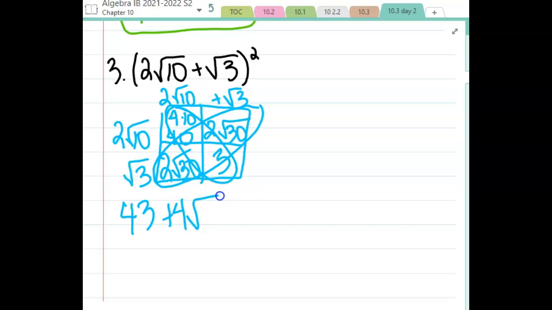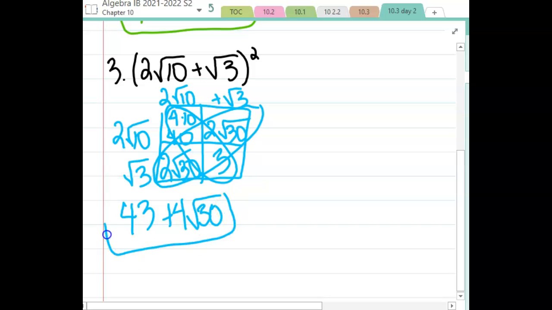You have 4 square roots of 30. And remember, when you're combining, the radical part does not change. Just like if this was 2x and 2x, it'd be 4x. This is still 4 square roots of 30.